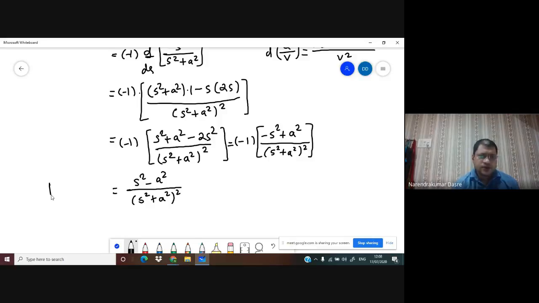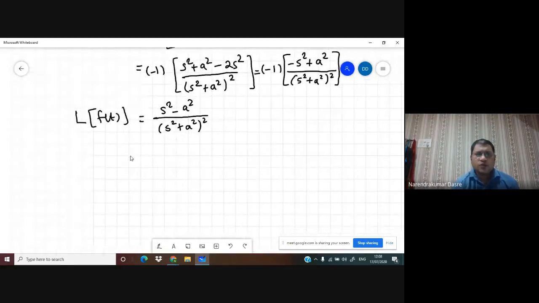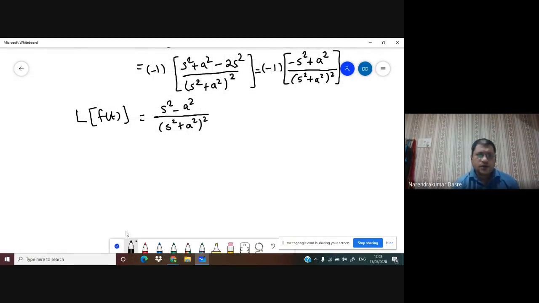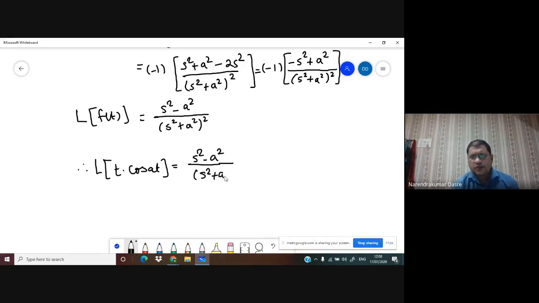So what we got here, this is Laplace transform of f of t, or we obtained the Laplace transform of t into cos of at is equal to s square minus a square upon s square plus a square bracket square.